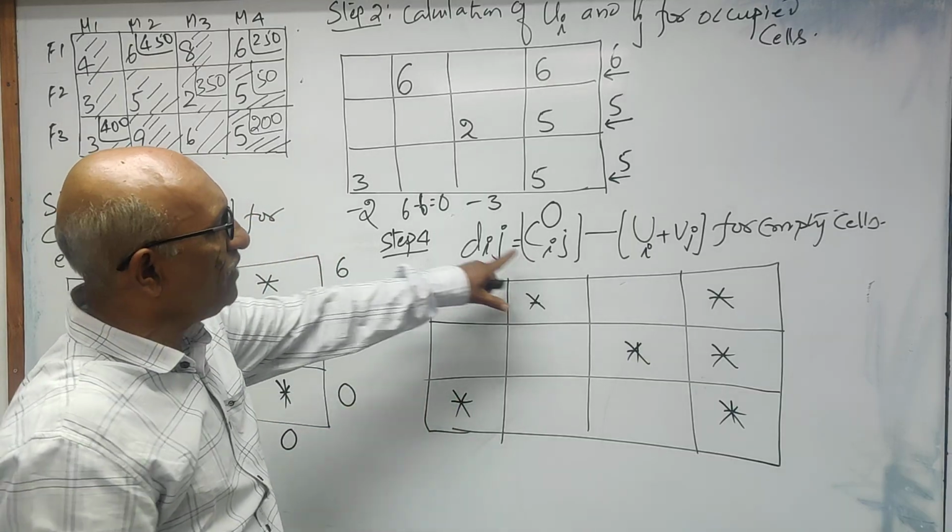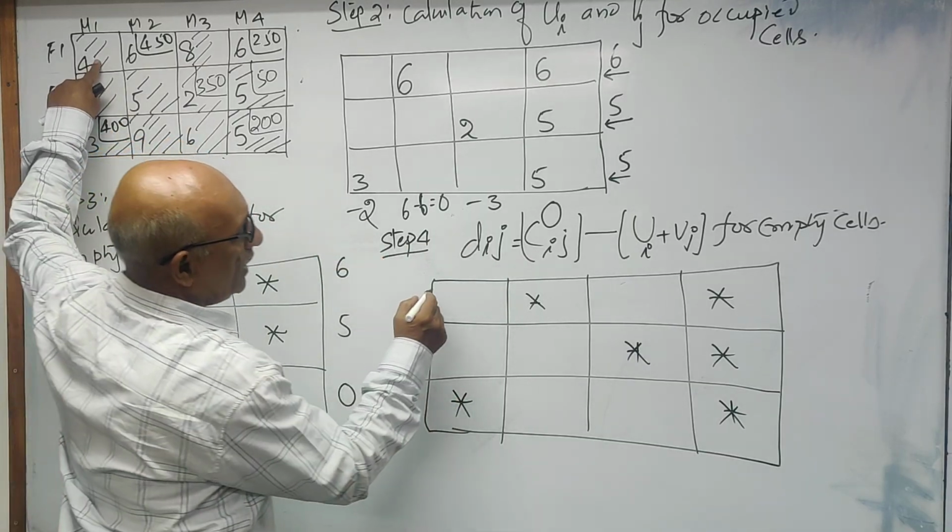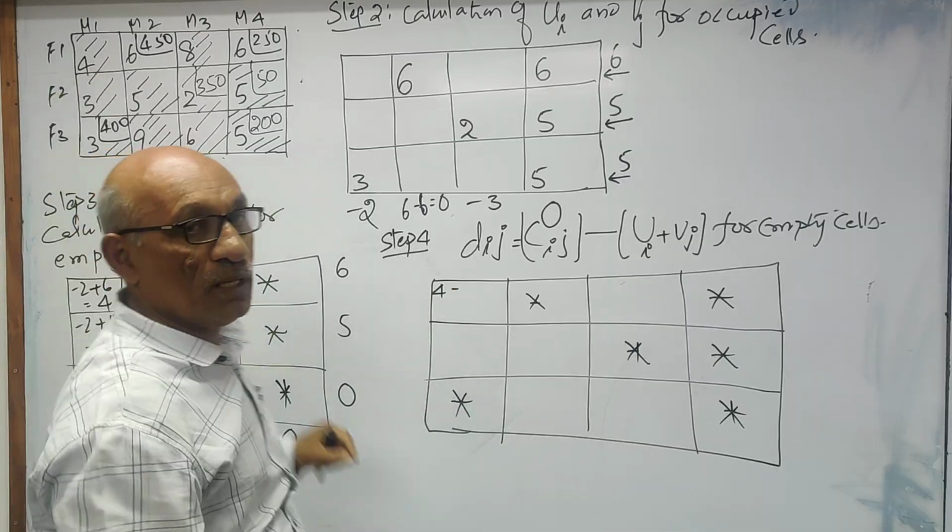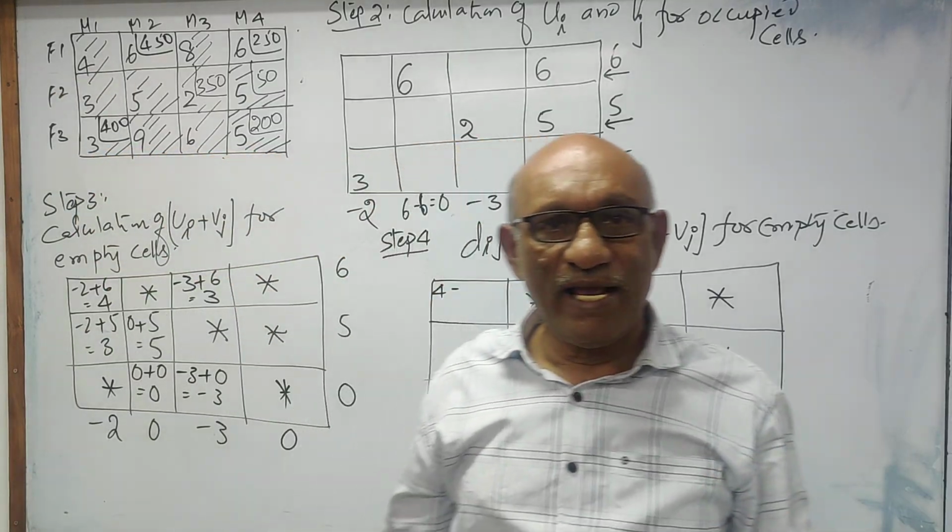Now cost is taken from the given cost matrix. Here it is 4 rupees. Cij value from where will I get?